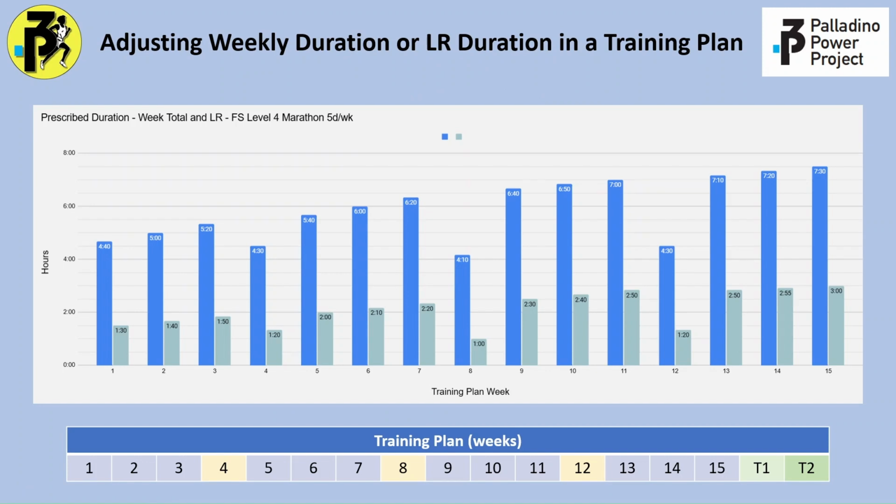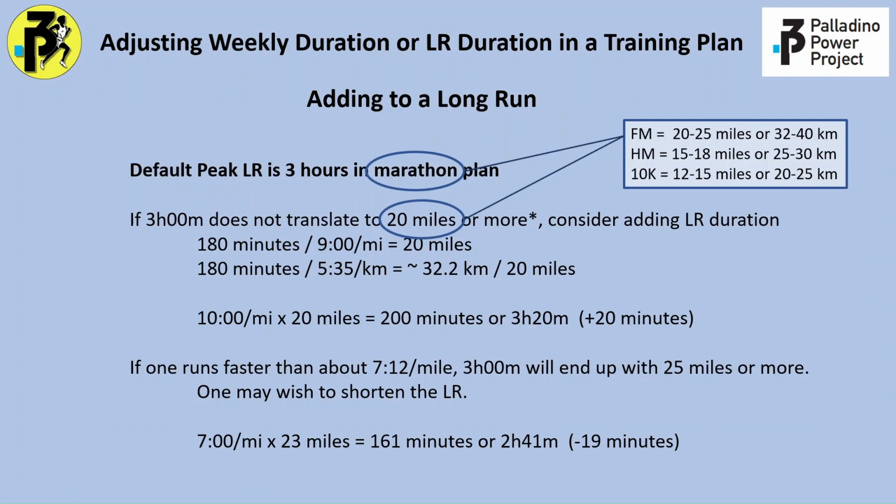And again, if you're doing it to one, you're doing it to all of them. And just a note, I'm using the marathon plan as the reference for this video, but just as other guidelines, if you're using a half marathon plan or 10K plan, my usual recommendations for a full marathon, you like your peak long run to be in that 20 to 25 mile range. At least hit the 20, or 32 to 40 kilometers, at least 32.